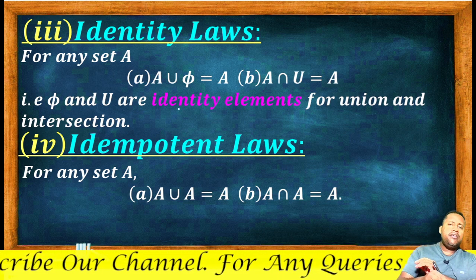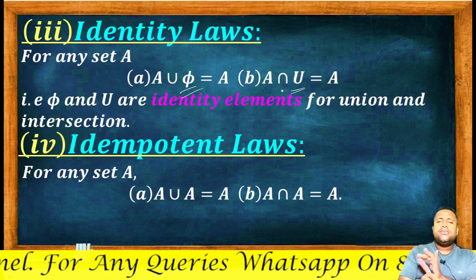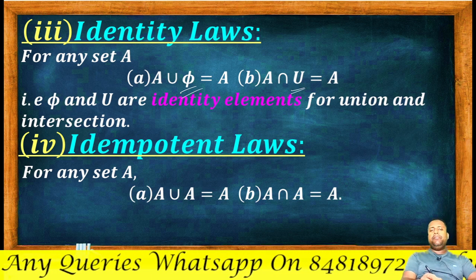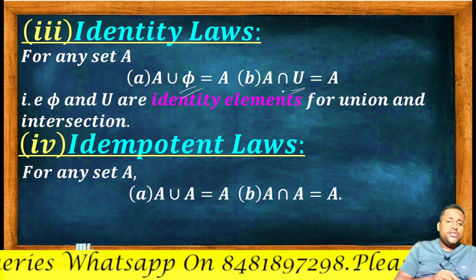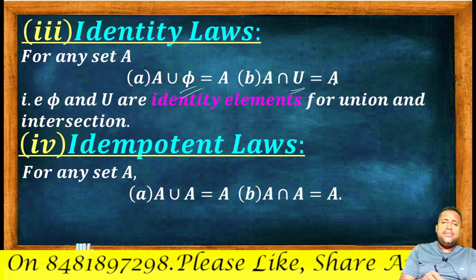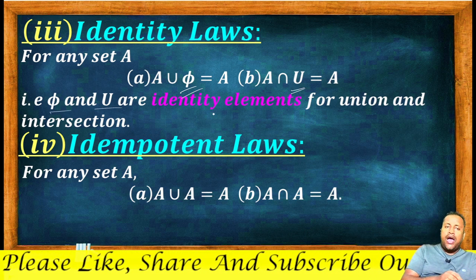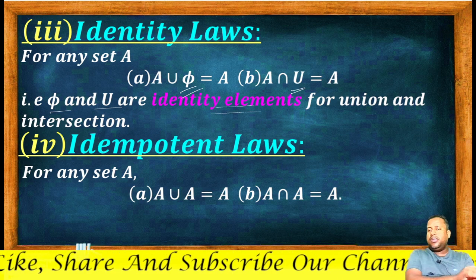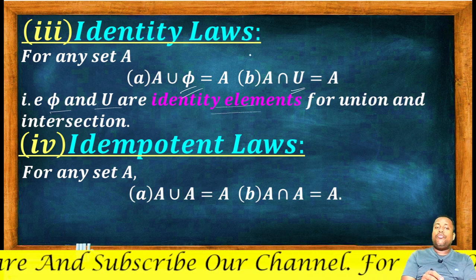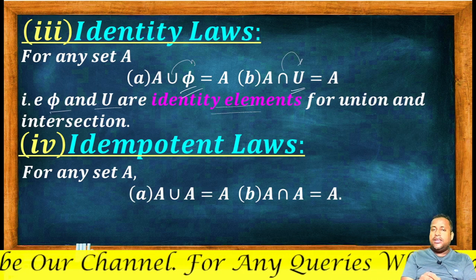Here phi and U behave like identity elements. So A union phi equals A and A intersection U equals A, and that's why phi and U are the respective identity elements, one for union and another for intersection.